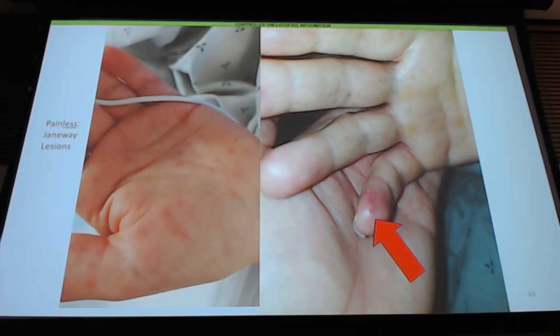As you can predict, the one on the left are Janeway lesions, so these are painless lesions. This is a vascular phenomenon. The one on the right is an Osler node, because it was painful, and it's an immunologic phenomenon.